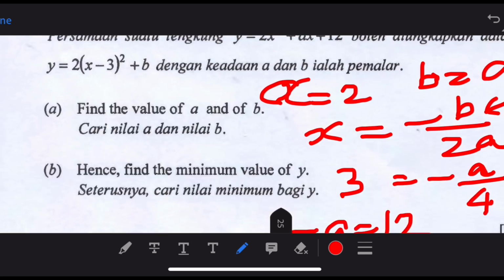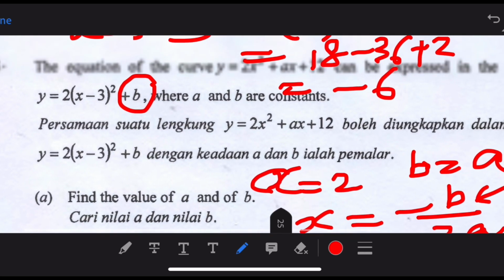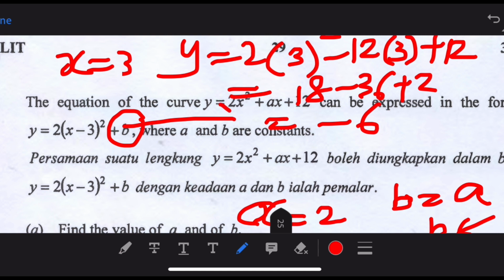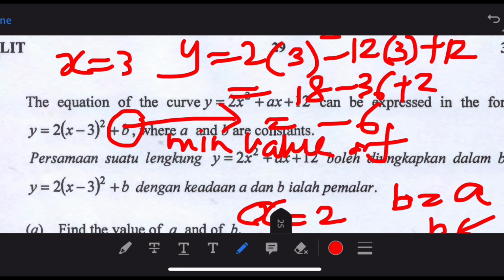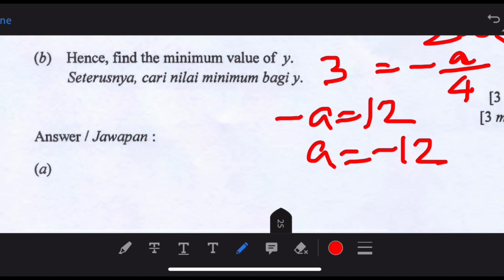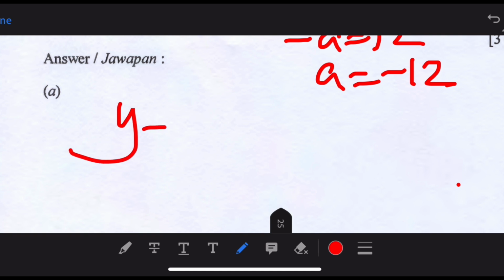Okay, your answer is negative 6, right? Negative 18 plus 12. There's some careless mistake there. So please add the 12. So your y is equal to negative 6, which is the lowest value of the function.